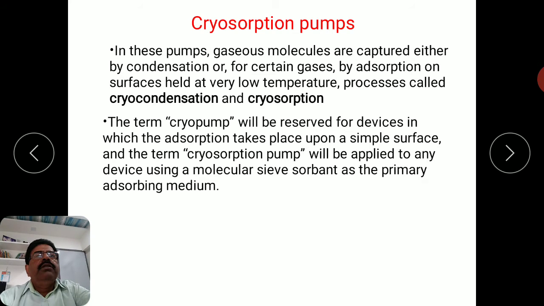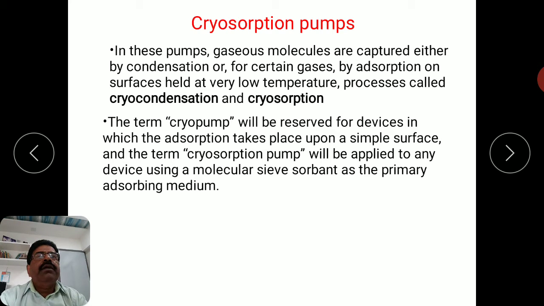So for the cryosorption type of pump, you know that earlier we have used the term cryo pump. It is actually reserved for devices in which the adsorption takes place upon a simple surface, and the term cryosorption pump will be applied to any device using a molecular sieve sorbent as the primary adsorbing medium.